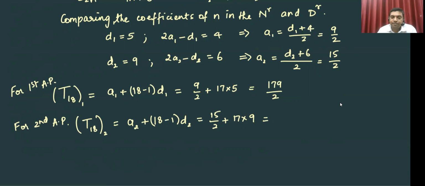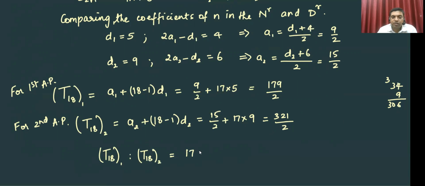So this will be 34 times 9 plus 15, which is 321 upon 2. So the ratio is 179 is to 321. Can we simplify it?